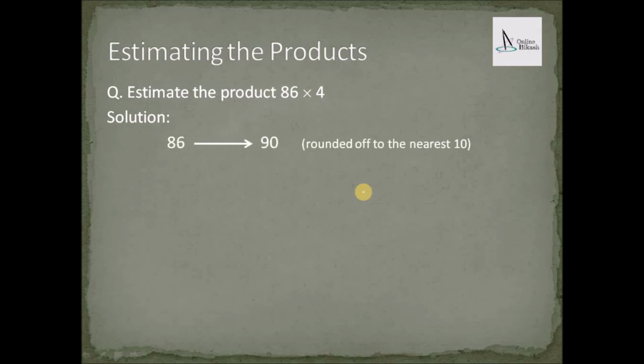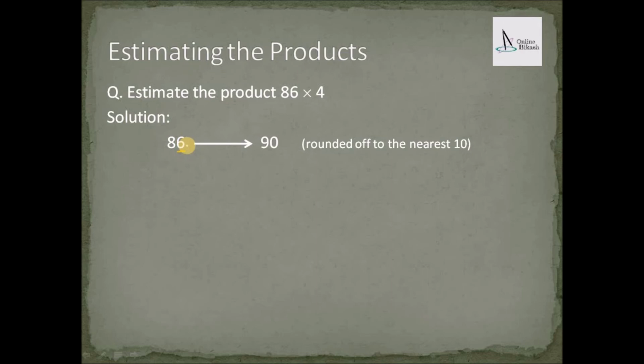First of all we will round off this 86 to its nearest 10. If you round 86 to the nearest 10, it will become 90. Why will it become 90? Because the ones place, you see, is 6. Since 6 is more than 5, this 8 will change to 9 and the ones digit will become 0.